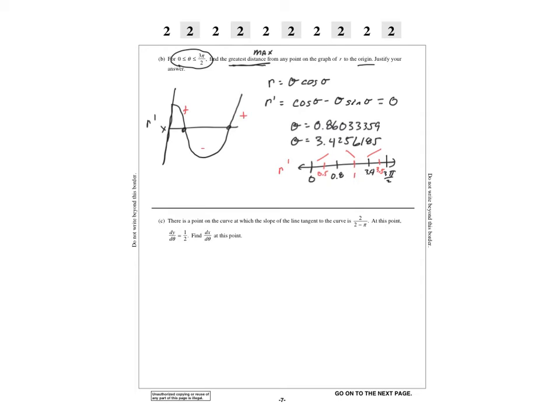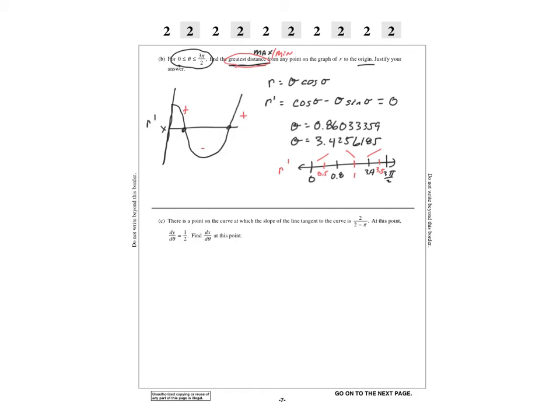So now they want the greatest distance. Okay, so I guess the greatest distance could be a minimum, right? Because there's just going to be a separation of the two. So if I want to go from the origin, now I got to make that next calculation. So in the end, what is that y value, or what is that distance going to be?